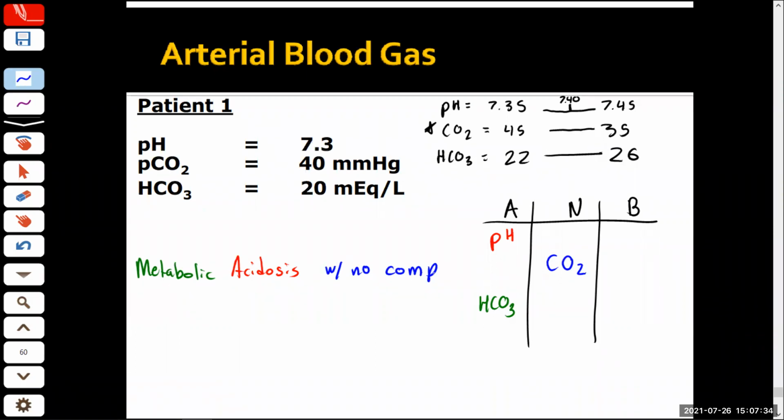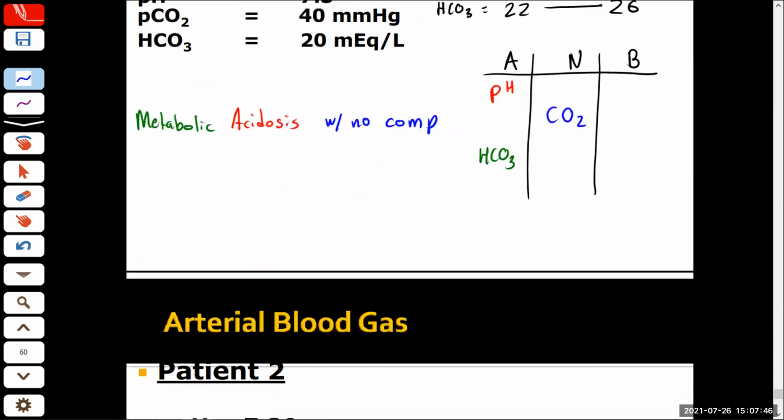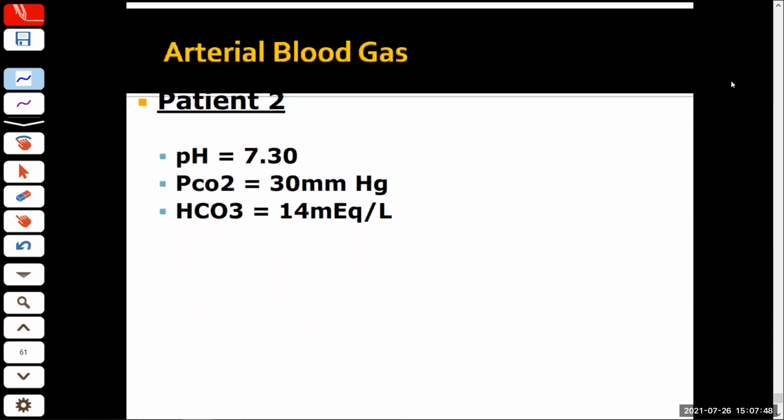Okay, promise we're gonna get plenty of practice with this. Do we at least understand kind of how to start forming these? Okay, so patient number 2. I'm just gonna write out the ranges. You guys don't need to because you already have them.